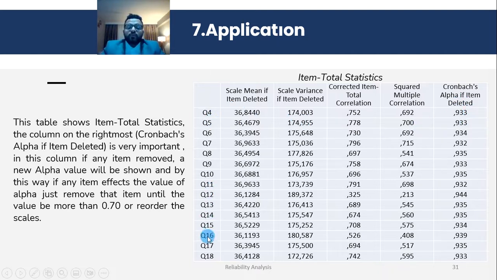And for example, if we remove question 18 from the analysis, the new Cronbach alpha value will be this. We use this method if the Cronbach alpha is less than 70%, and we can use this advantage to make the Cronbach alpha value more than 70%.